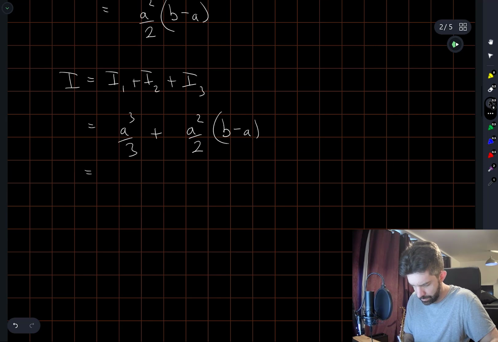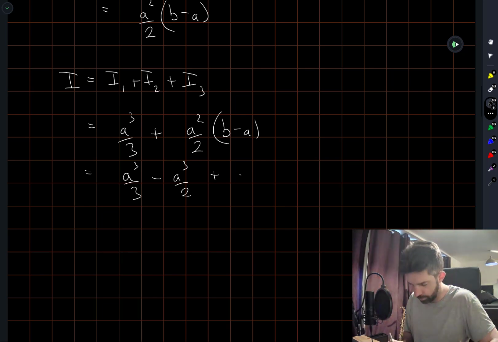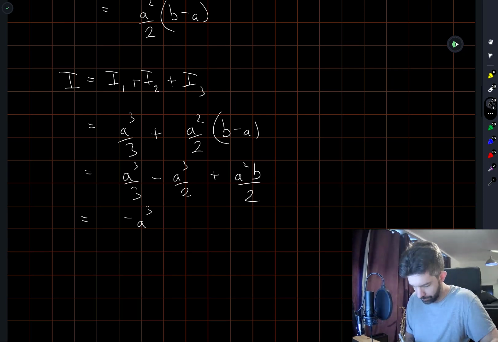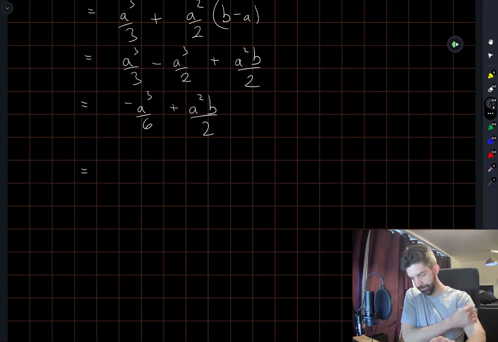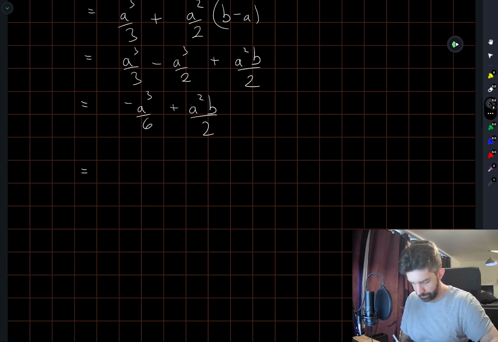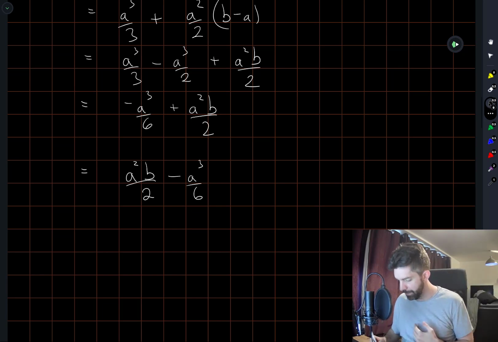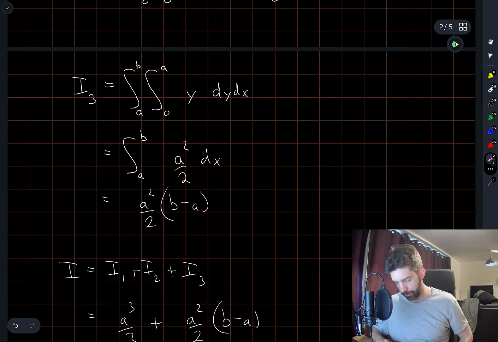So I get a cubed over 3 minus a cubed over 2 plus a squared b over 2, which is equal to negative a cubed over 6 plus a squared b over 2. I mean, yeah, maybe you can simplify this more, but I don't see any need to.